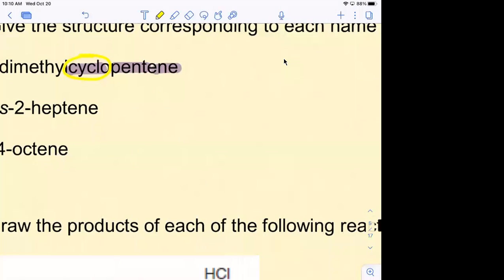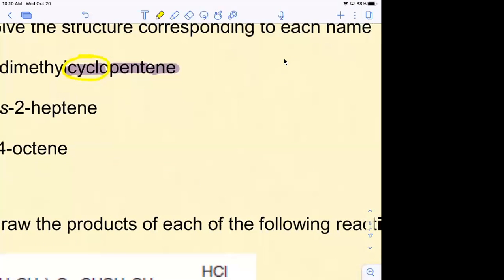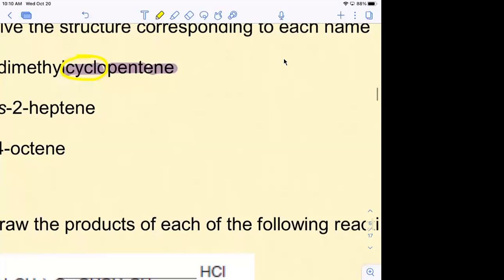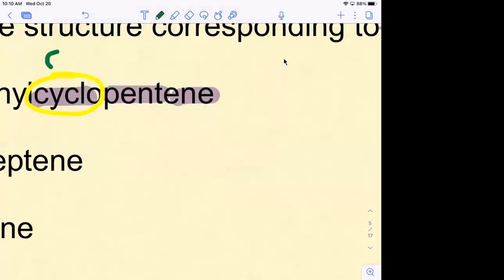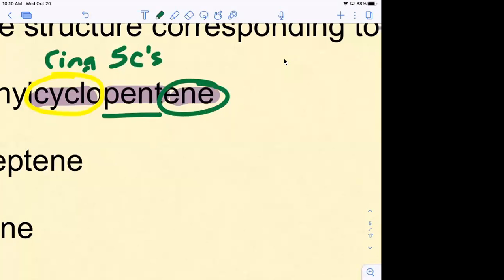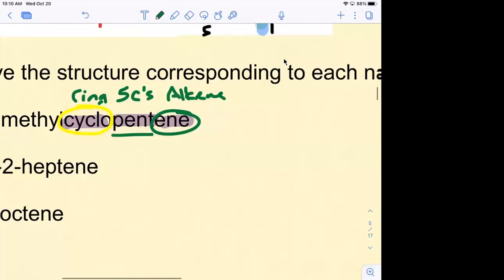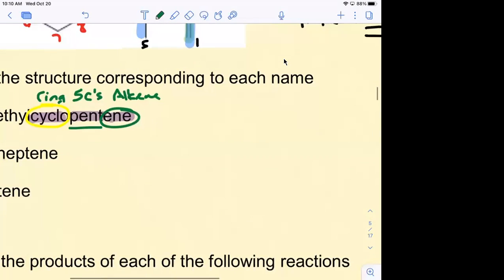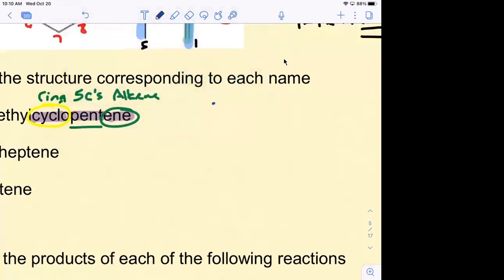Let me pick a different color. That's a ring. The pent means the ring has 5 carbons. And the ene means that there's an alkene in the ring, a double bond in the ring. All right, so this is a 5 carbon ring. That looks like that.